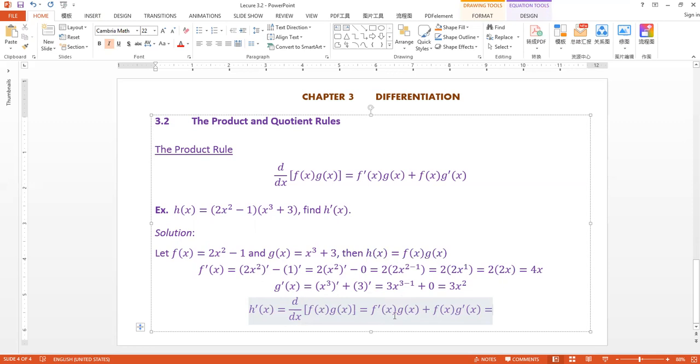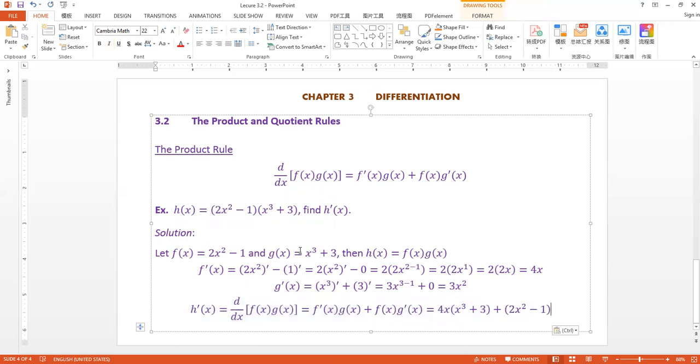So we got 4x as f prime times g, which is x cubed plus 3, plus f, which is 2x squared minus 1, times g prime, which is 3x squared.